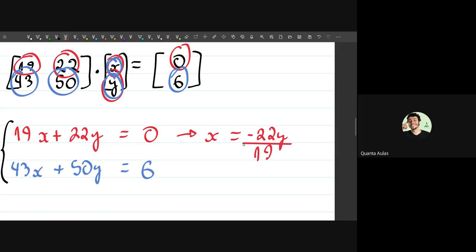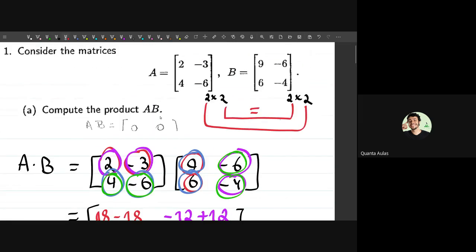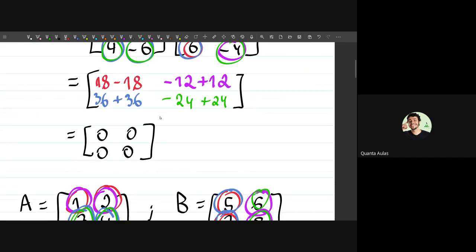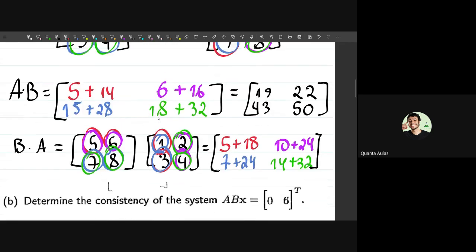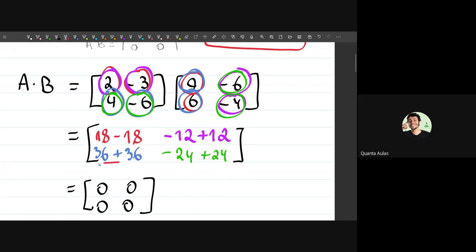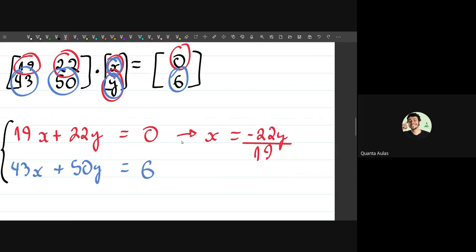Isolate the number here, but I take the wrong situation. Oh my God, I don't take the right situation. Sorry, I take my A and my B, but your A and your B is 0, 0, 0, 0. But okay, I will finish this problem, right?